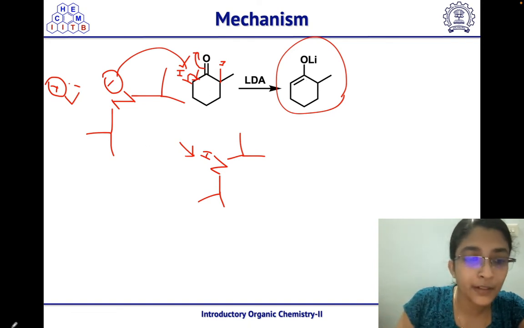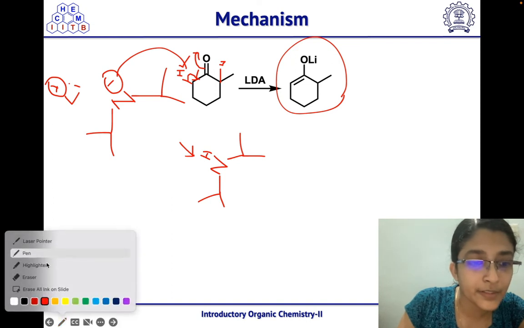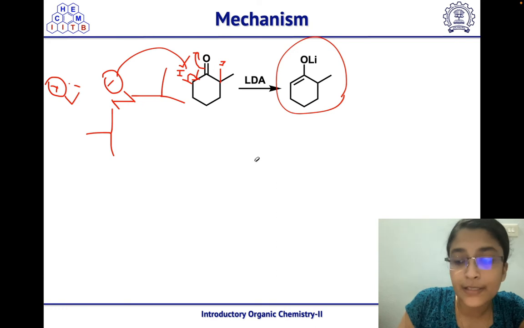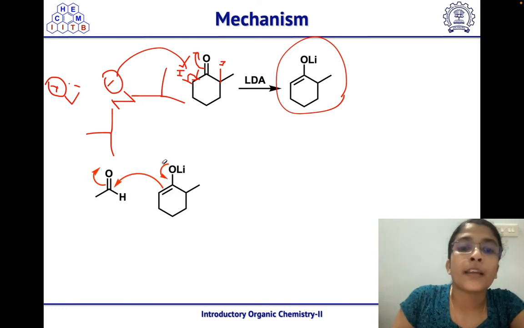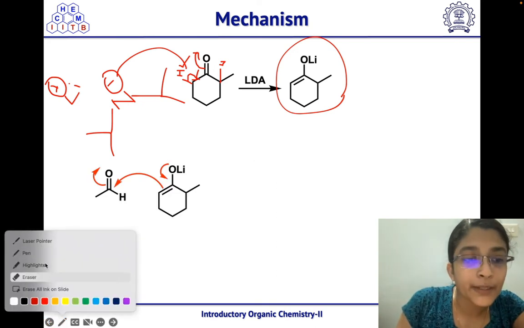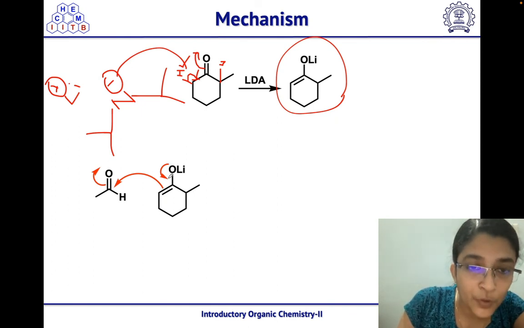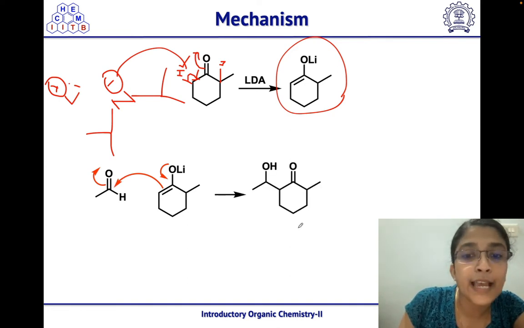Now what will happen? One second, I will repeat this. Now what is happening here? We have this lithium enolate. Then this electron density from oxygen will fall, and this carbon-carbon double bond will attack on the aldehyde. We have given acetaldehyde in the question, so it will attack on this acetaldehyde, and it will lead to formation of this aldol product.